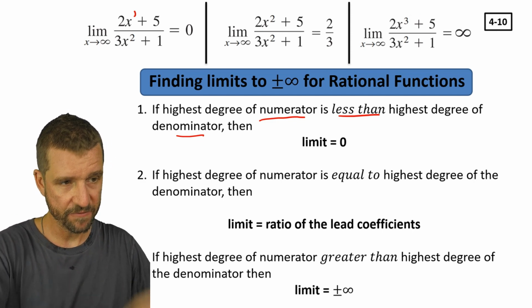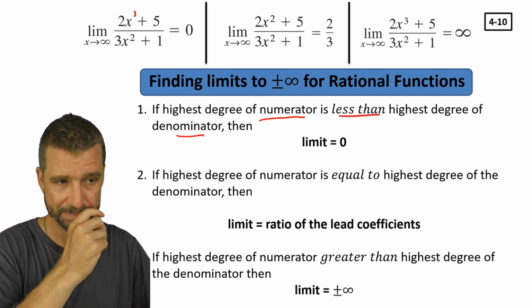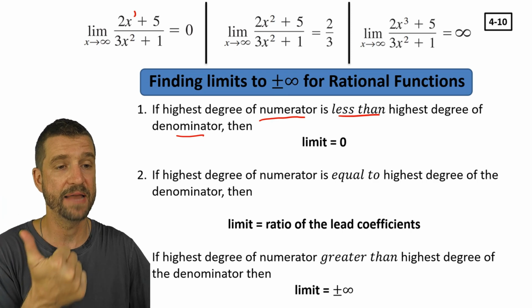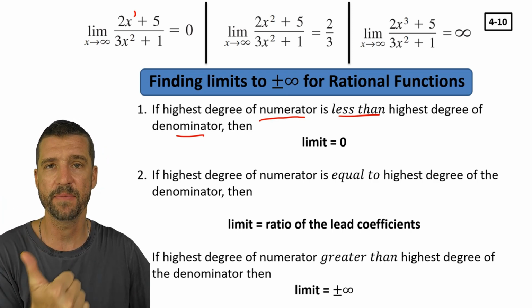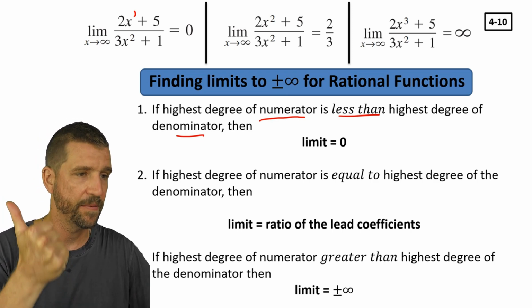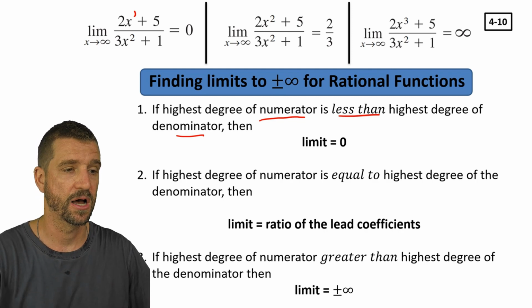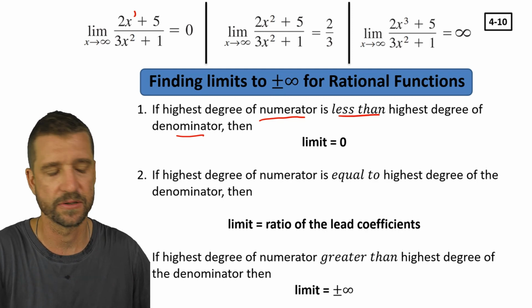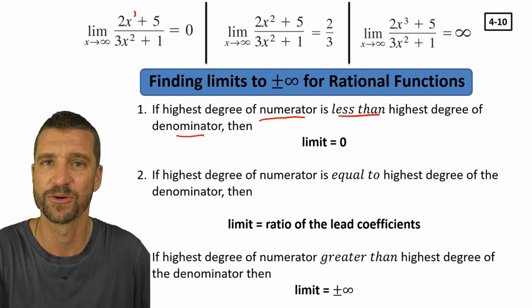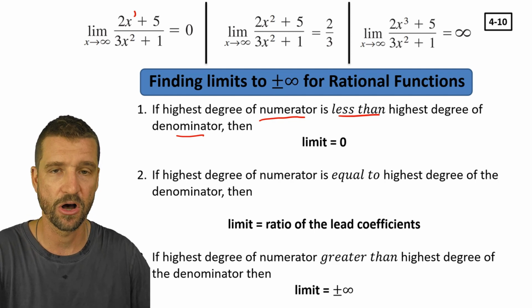So whenever you have a rational function, you can divide by the biggest degree in the denominator, which is the safe way to do it, or you can remember these rules, which is also safe if you remember them correctly.